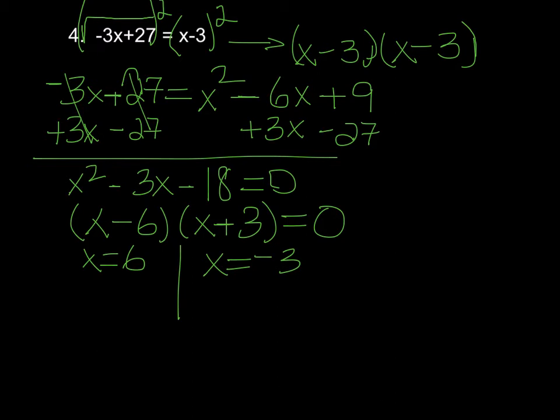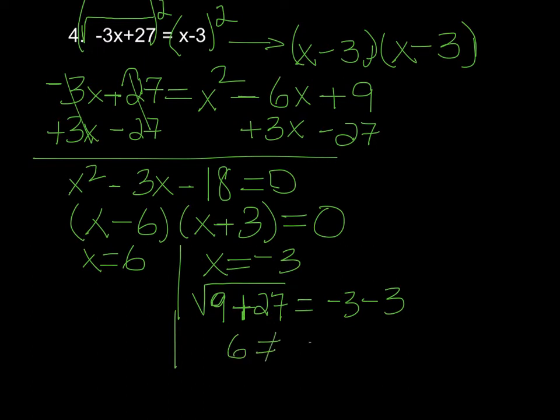Because the problem is, I'm just going to show you on the right-hand side, when you plug in a negative 3 into that original, you're going to get negative 3 times negative 3, which is positive 9, plus your 27, and that's supposed to equal negative 3 minus 3, which it's not going to, because 9 plus 27 is 36, and the square root of 36 is 6.